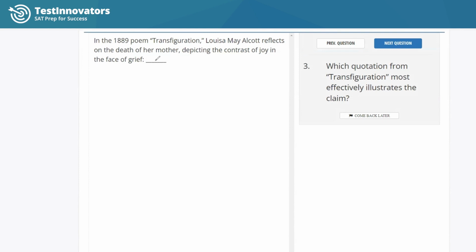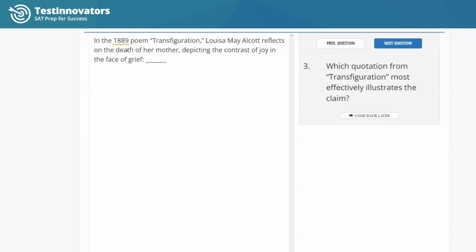Right away, I see that this is from 1889, which means I can expect some difficult language here. There are going to be unfamiliar words that I won't understand. I'm not going to worry about it. I can expect it to be challenging, but remember, it's going to be challenging for everyone else on the test too.